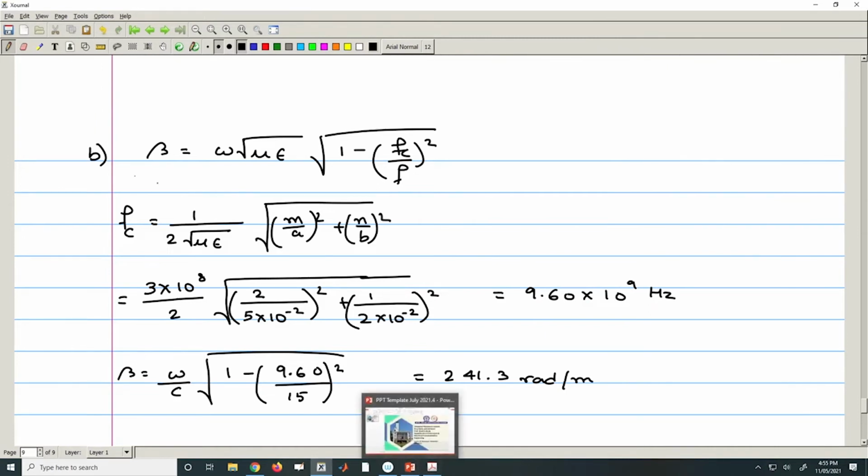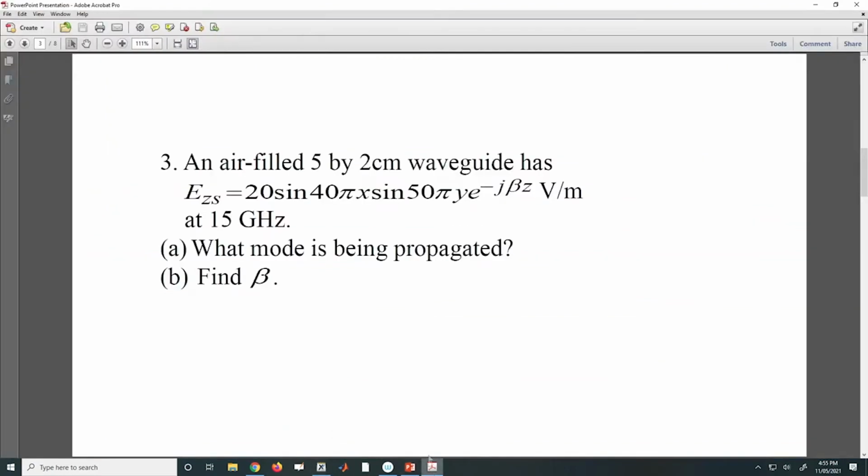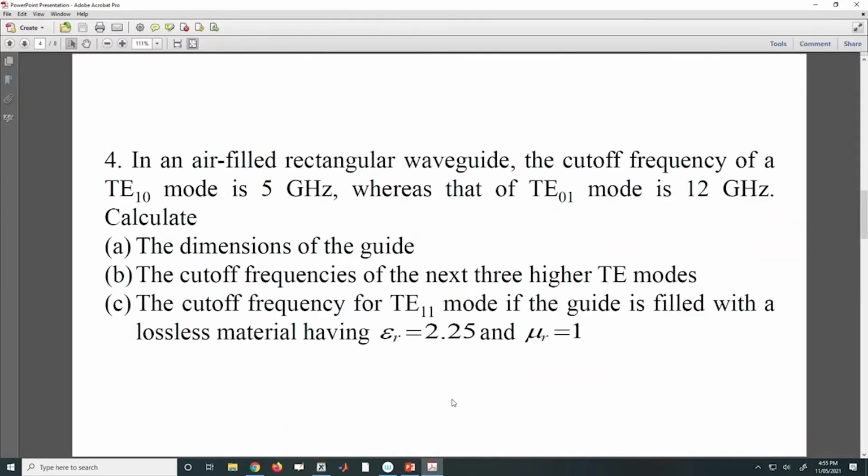The next problem. In an air-filled rectangular waveguide, the cutoff frequency of a TE10 mode is 5 GHz, whereas that of TE01 mode is 12 GHz.